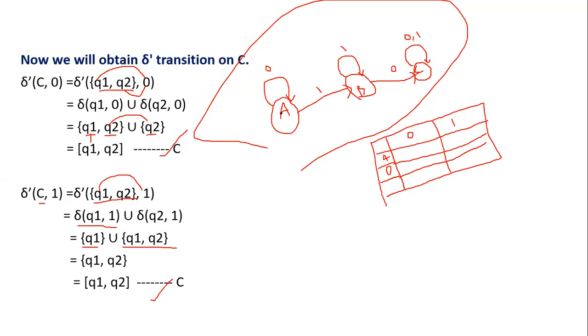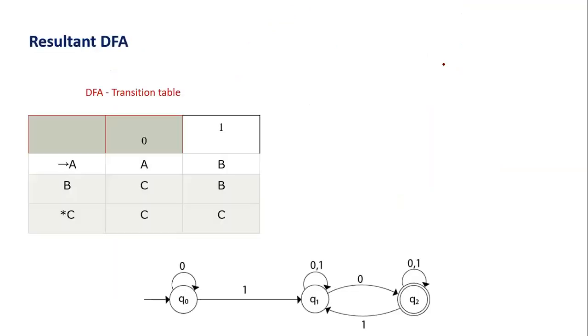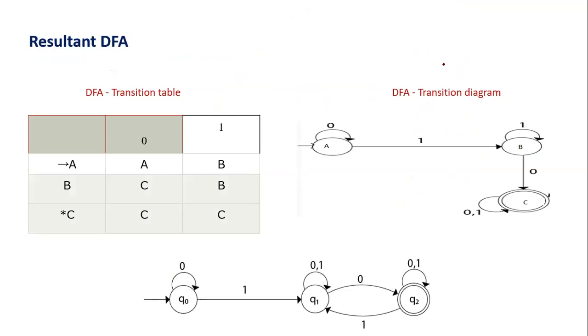A comma 0 means A. No need to use the block name A, B; you have to mention the particular states. C means Q1, Q2. In this state you have to mention Q1, Q2 like this. Okay, this is the resultant DFA.